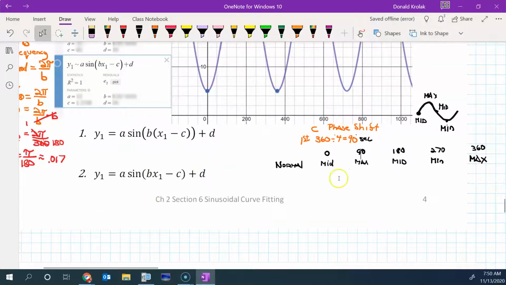All right. That's what a normal sine does. It goes mid, max, mid, min, mid.